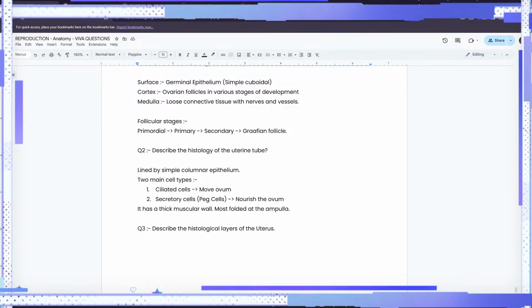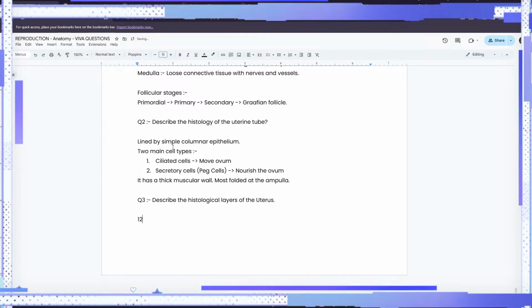The uterus has three histological layers: your endometrium, your myometrium, your perimetrium. All of them have a story that we need to discuss and write down. So let's get to it. Layers of the uterus: three main layers.